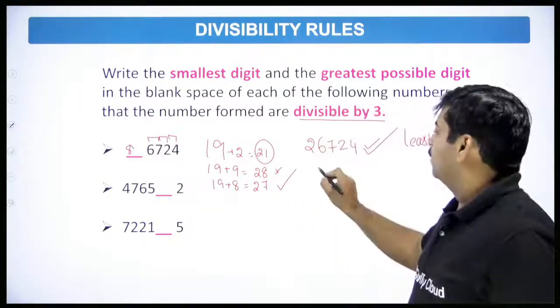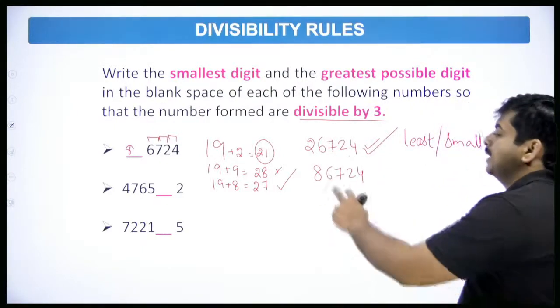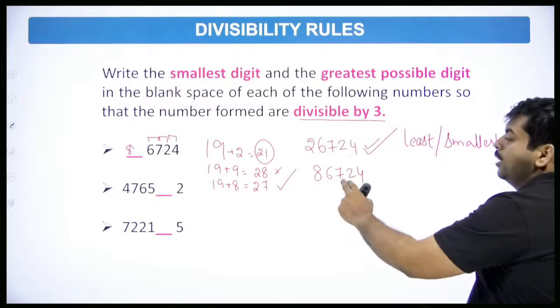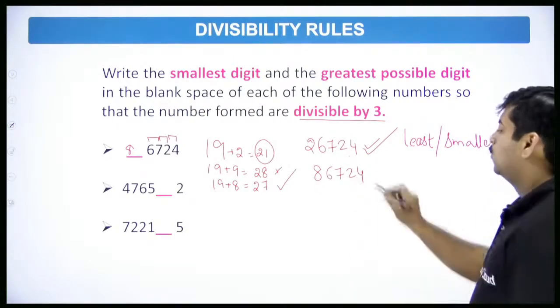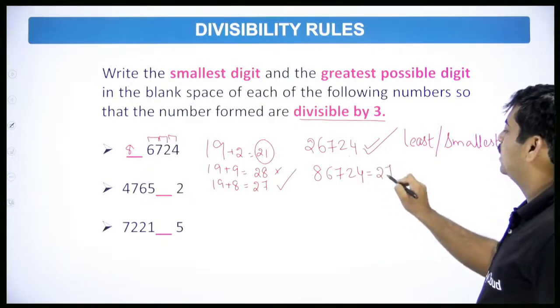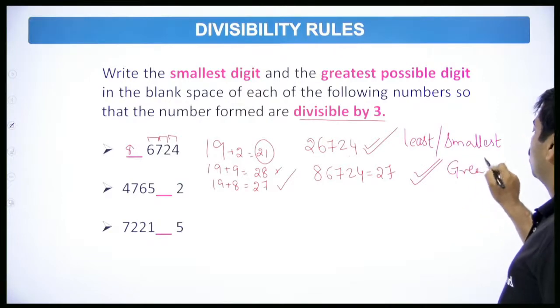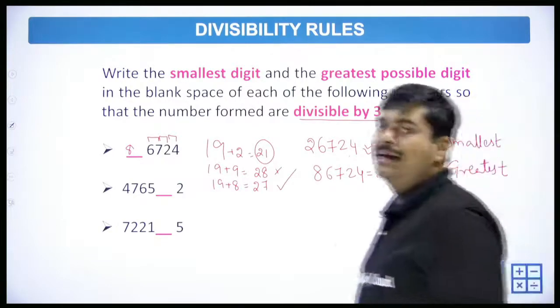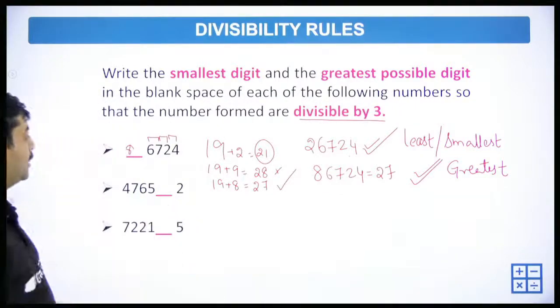So that number will give you 8, 6, 7, 2, 4. 8 plus 6 is 14, 14 plus 7 is 21, 21 plus 2 is 23, 23 plus 4, 27. The sum of the digits is 27. Yes, it is divisible, and this is the greatest, or you can say the highest number, which is divisible by 3. In the same way, you can try to find these two.